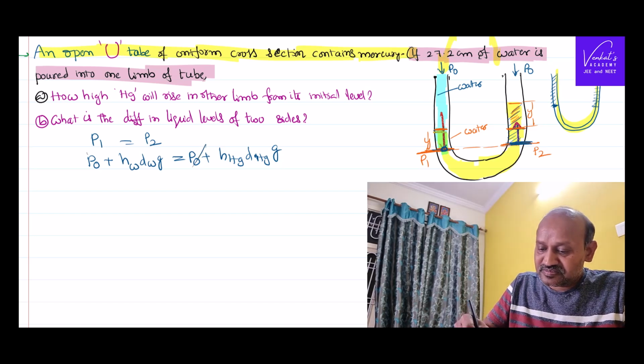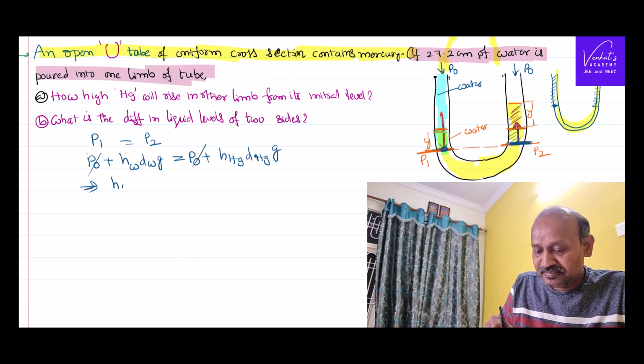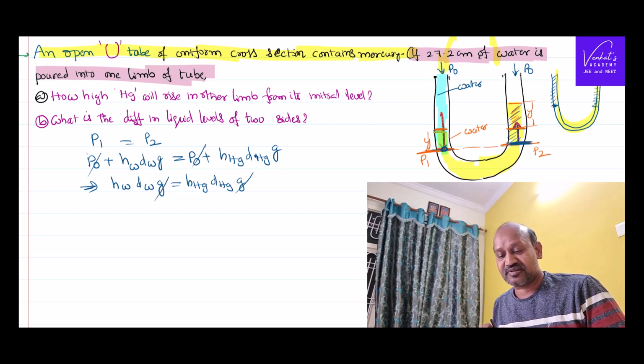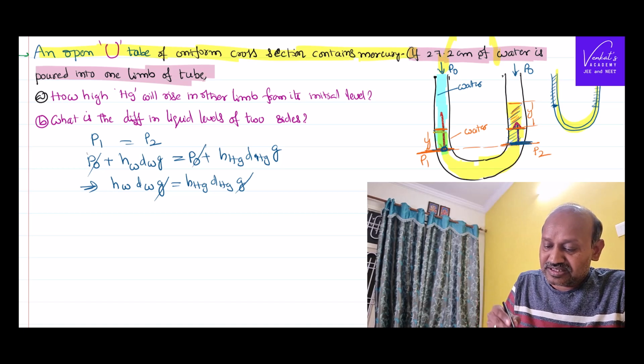This P0 and this P0 can be cancelled. What remains is height of the water times density of the water times g equals height of the mercury times density of the mercury times g. Acceleration due to gravity also gets cancelled. What's remaining then?